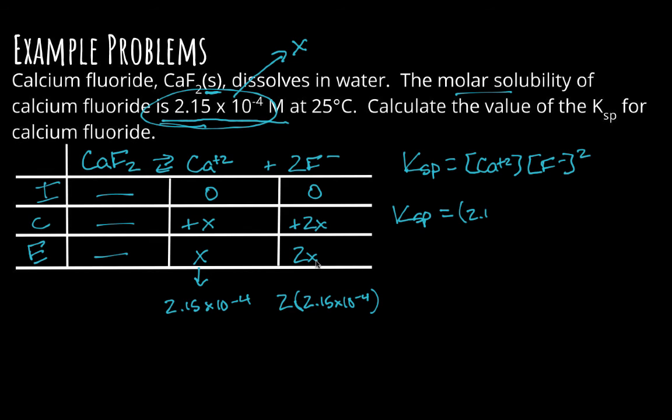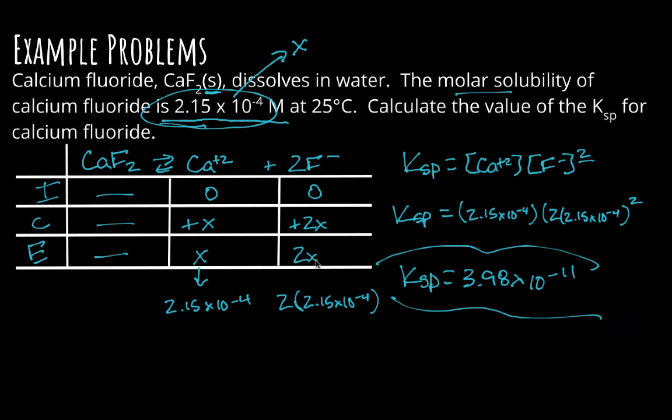So 2.15 times 10 to the negative fourth for calcium. For F, 2 times 2.15 times 10 to the negative fourth. And then don't forget, you have to raise that to the second power. Solve for that, and you end up with 3.98 times 10 to the negative 11. So that would then be your KSP.